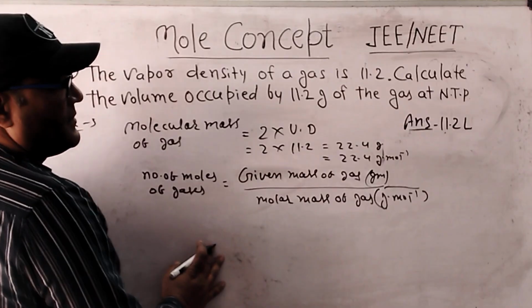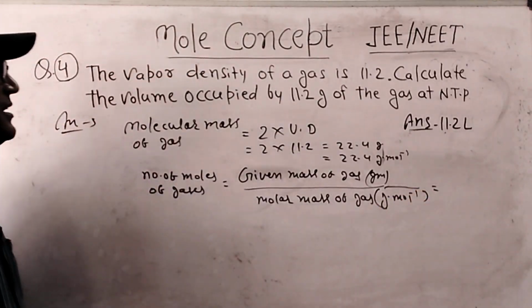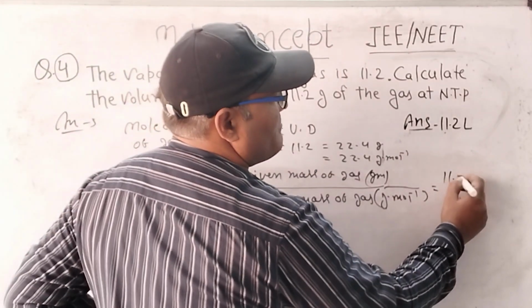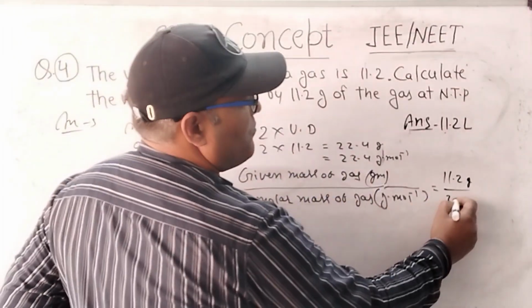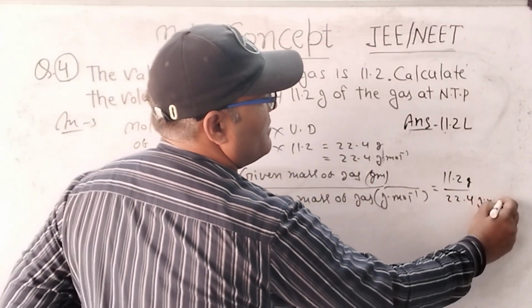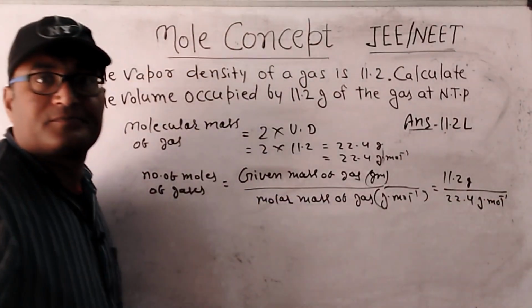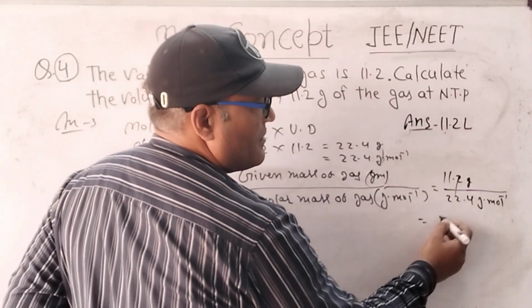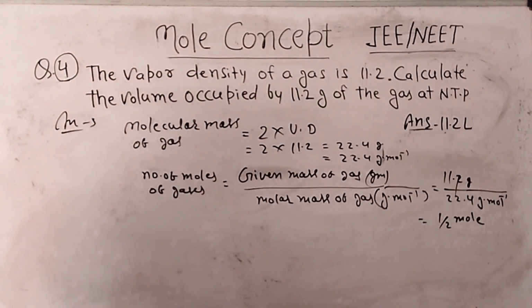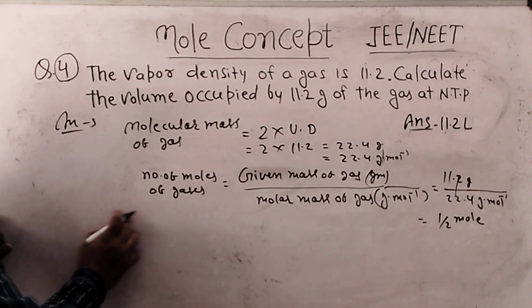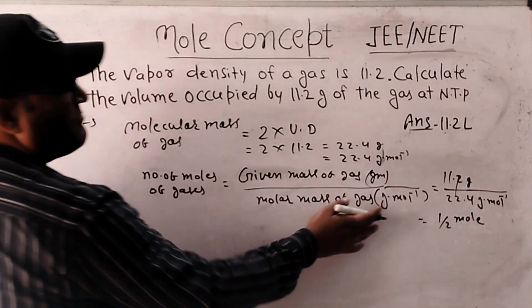According to given data, given mass is 11.2, so 11.2 gram divided by molar mass 22.4 gram per mole. Now here 1 by 2 mole is the number of moles of gases. So here number of moles of gases is 1/2, you can take a screenshot.